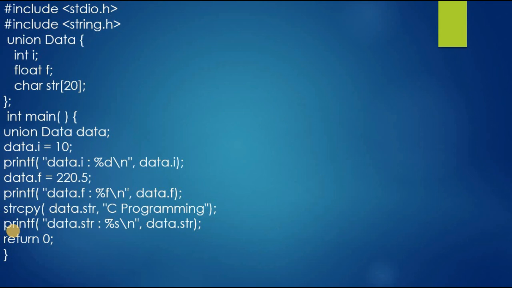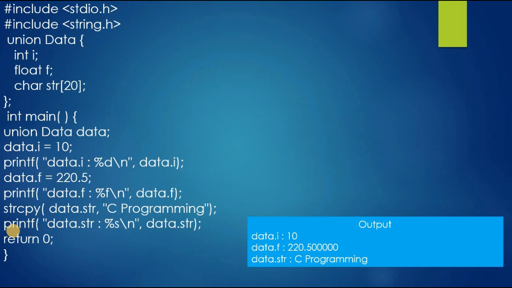So when we execute this program, we will get an output like this. We got the output that data.i is 10, data.f is equal to 220.500, then data.str is C Programming. Here all the members are printed very well, because one member is being used at a time. So we got the output very well here.